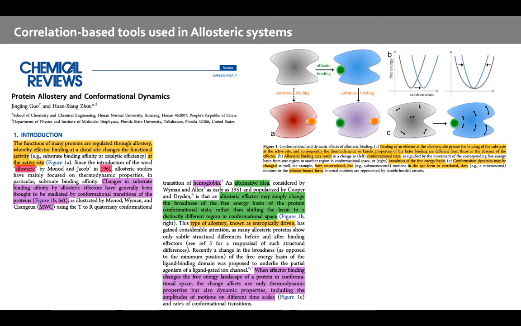In graph theory, there are two important properties of graphs that have been applied for studying different allosteric systems. One is the shortest path between two nodes, and another interesting property is the partitioning of the graph into communities.